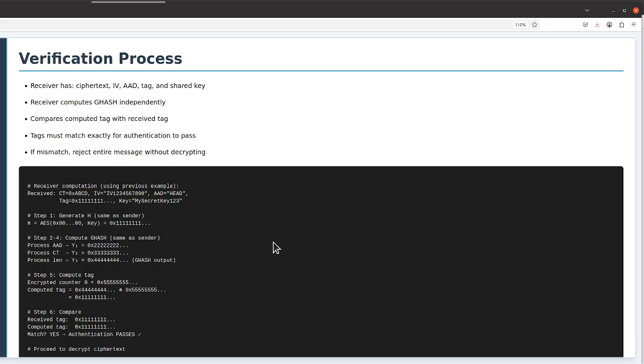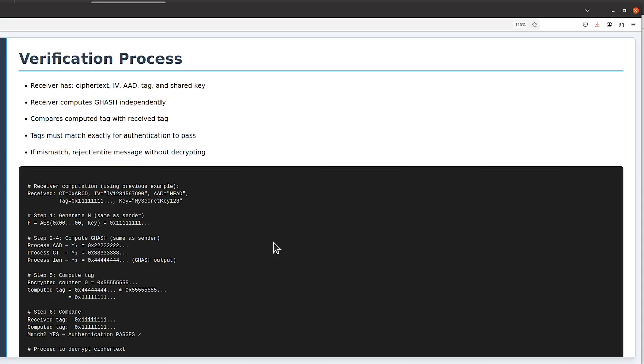Step 4. Process lengths block. Lengths are 32 bits and 16 bits, giving 0x00...10. Compute Y3 equals (Y2 XOR lengths) times H equals 0x44...44, same as sender. This is the receiver's GHASH output. Step 5.